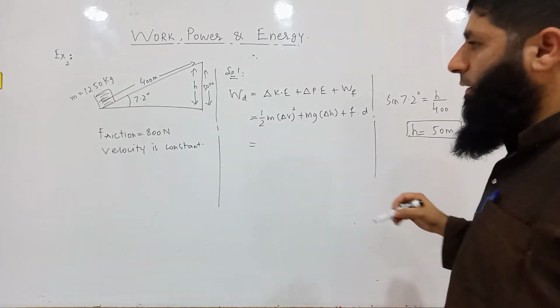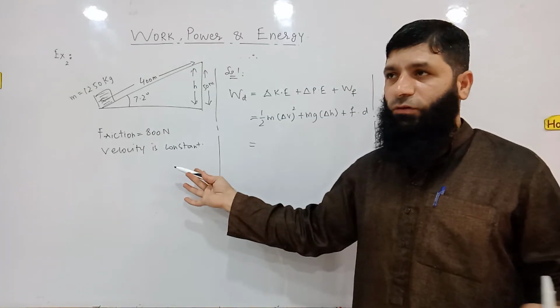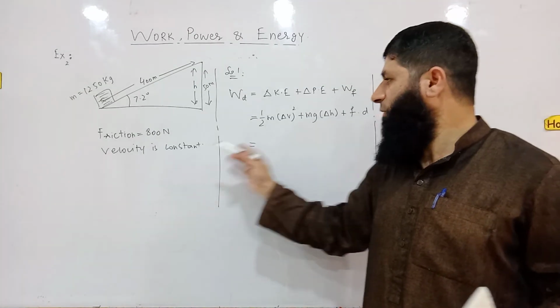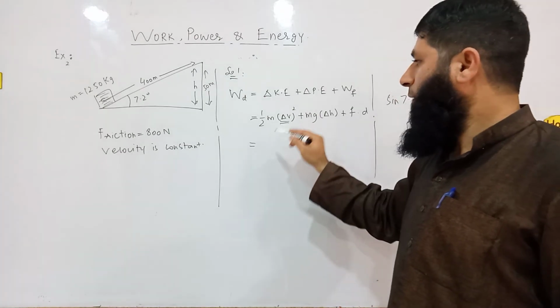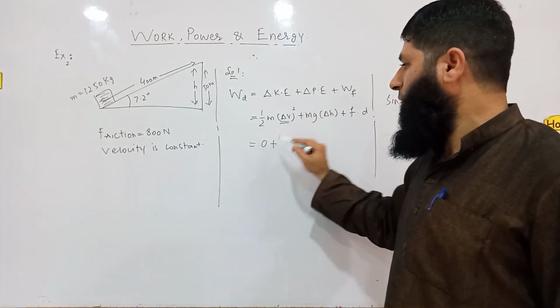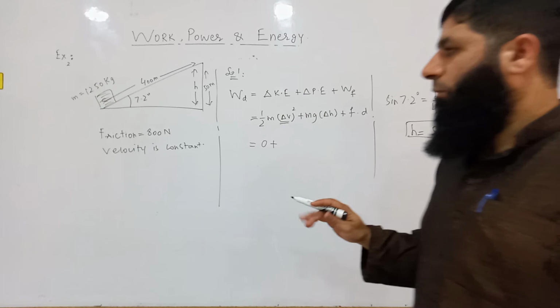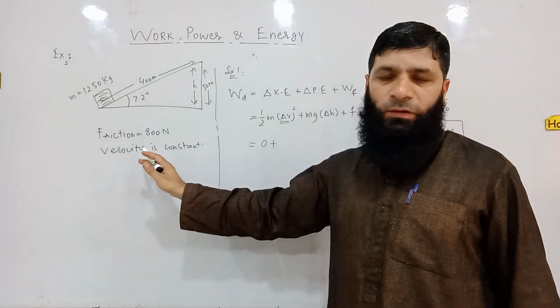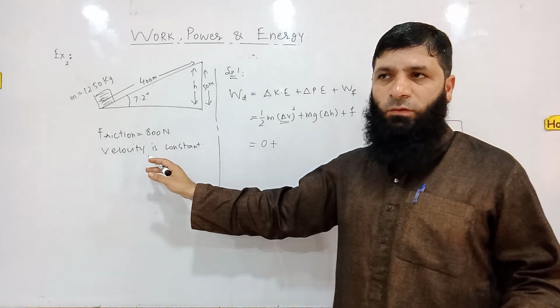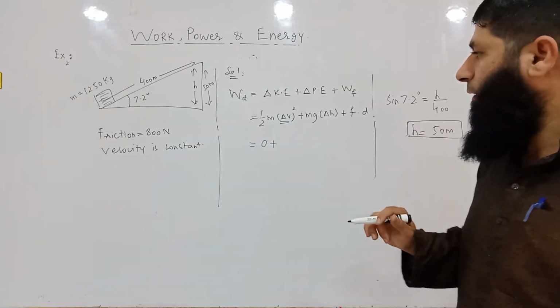Okay, we know that the velocity is constant, velocity is not changing. So if velocity is constant, it means there will be no change in velocity. So the change in kinetic energy will be 0. Okay, so one thing you need to remember, that if velocity is constant, then acceleration will be equal to 0 plus there will be no change in kinetic energy.